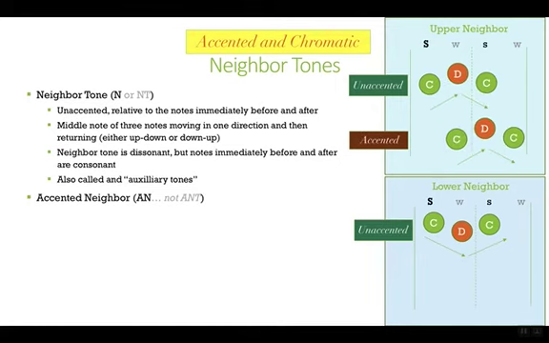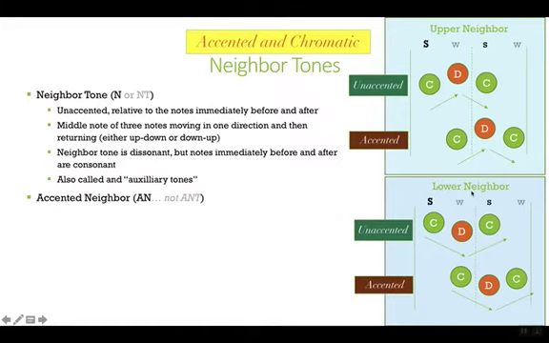Okay, now we're just seeing what happens if you take the whole structure and scooch it over to the right. And so that's accented. Now you can see the dissonance is accented. It's on a stronger beat than the consonance that comes before and after. And we have the same thing here. Could be an accented lower neighbor, accented upper neighbor. And by the way, I think in previous classes you may have labeled things as LN and UN, UN for upper neighbor and LN for lower neighbor.